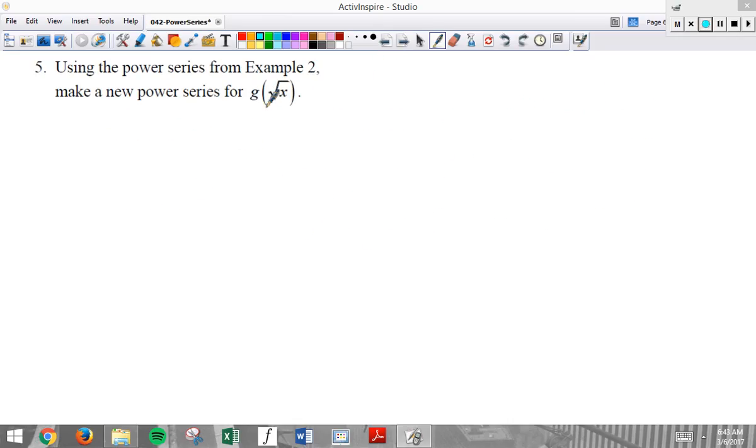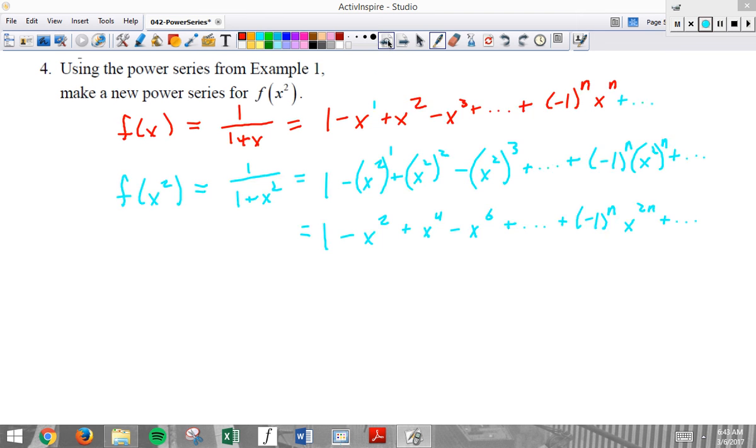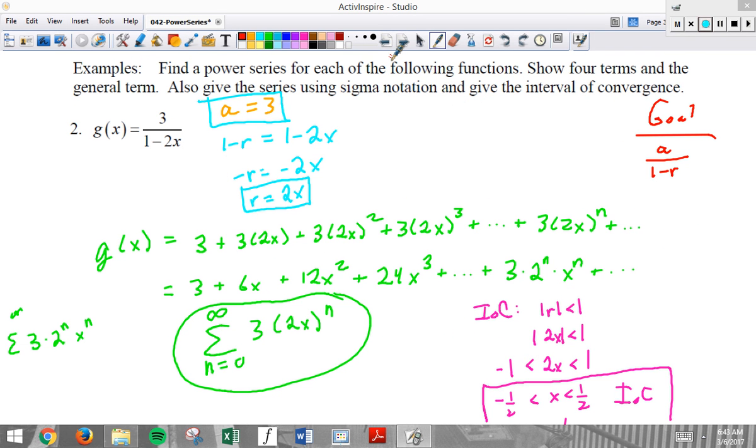Example 5. Using the power series from example 2, let's make a new series for g of root x. So let's start by looking at what g of x is. Oh, it's that ugly thing? I don't want to even bother writing that.